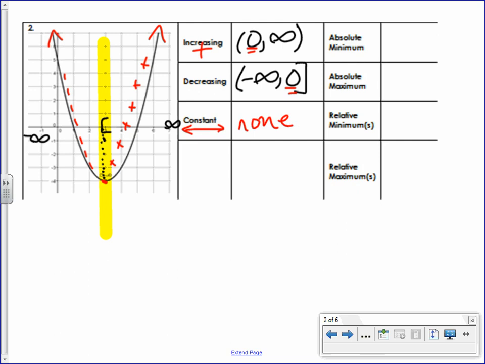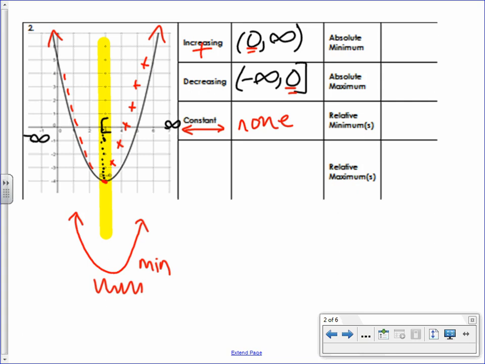Now, absolute minimum versus relative minimum. I know I'm going to have some kind of minimum because that graph comes down and goes back up. It hits a spot where it never gets any lower than that. So I know I'm going to be dealing with some kind of minimum.